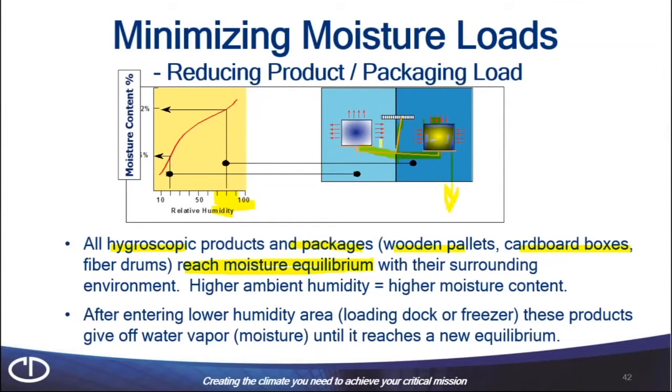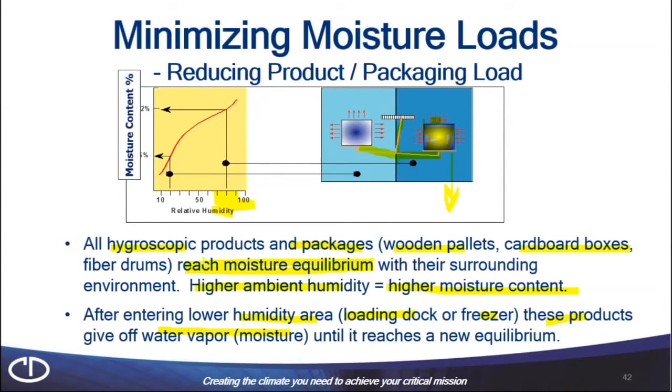Now you take that packaging material, and then you put it into the low humidity area, whether that's the loading dock or the freezer itself. Now these things are going to give up that vapor back to the room until it reaches a new equilibrium.